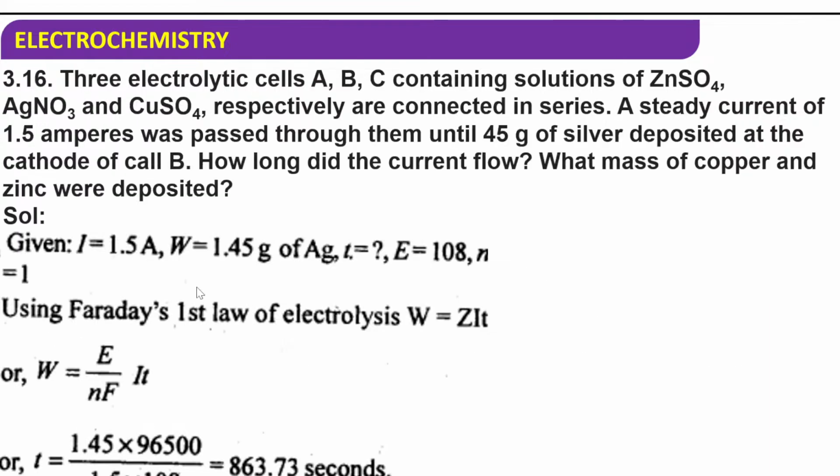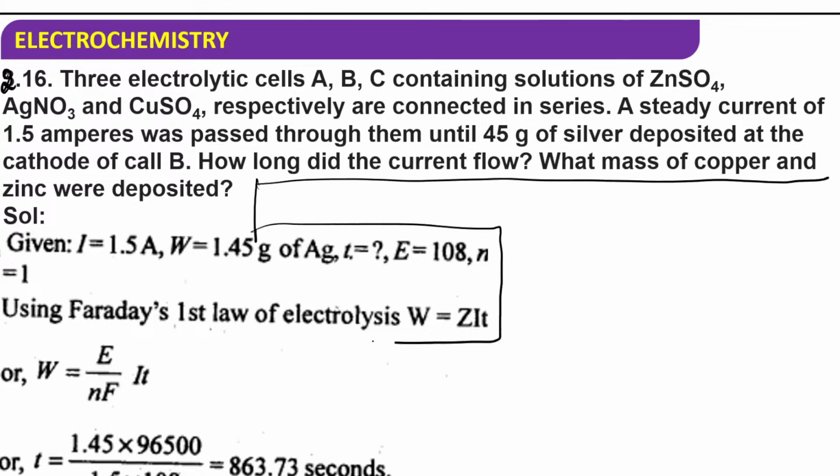That is 16, 2.16. Three electrolytic cells A, B, C. First is containing solution of zinc sulfate, second containing silver nitrate, third containing copper sulfate, are connected in series.